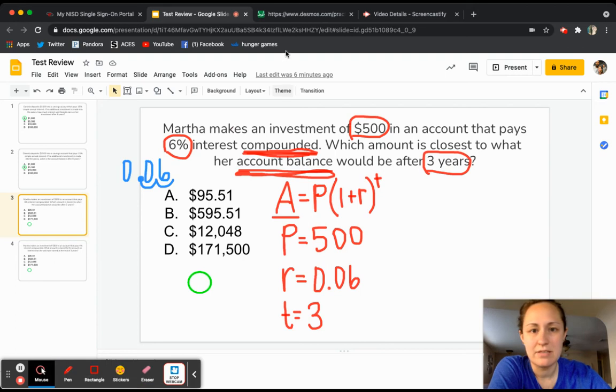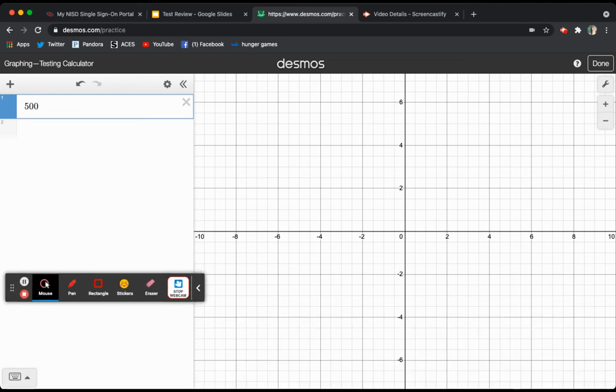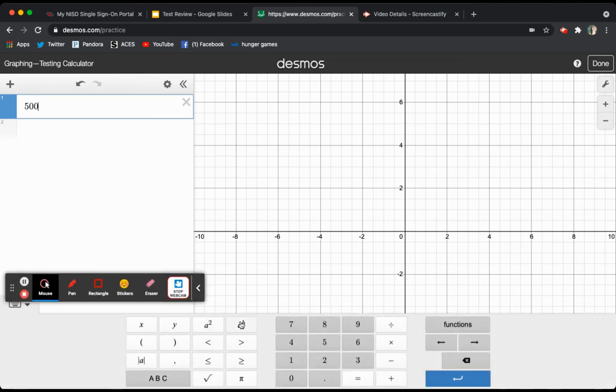So let's go ahead and go to our Desmos. Our principal was 500. Open our parentheses, 1 plus our interest rate, which was 0.06. Close our parentheses. Now we need to add our exponent.